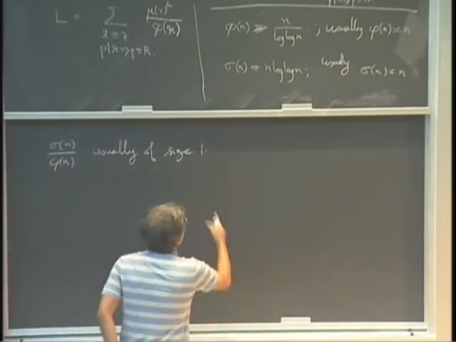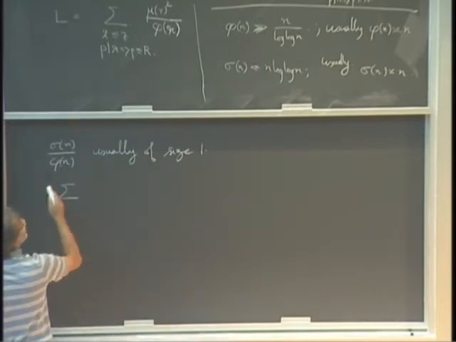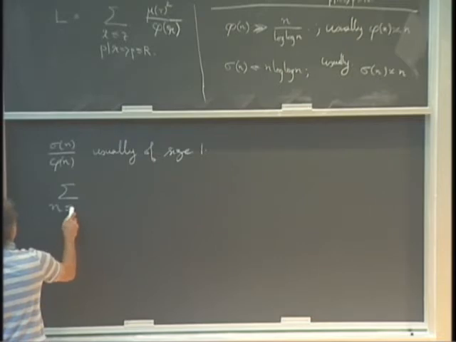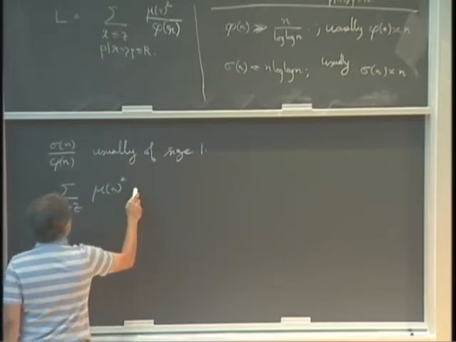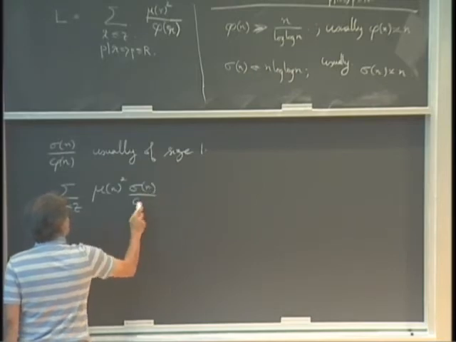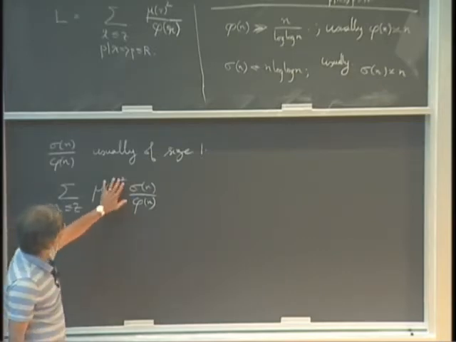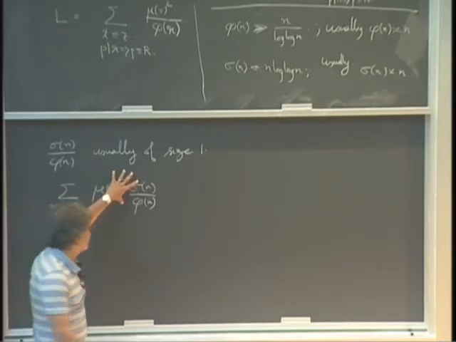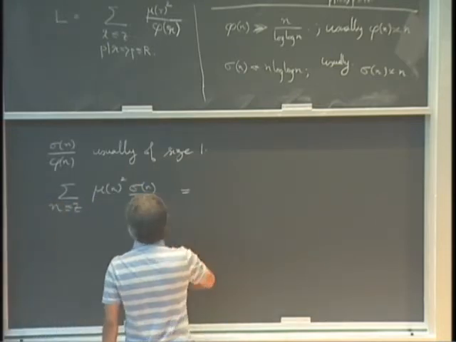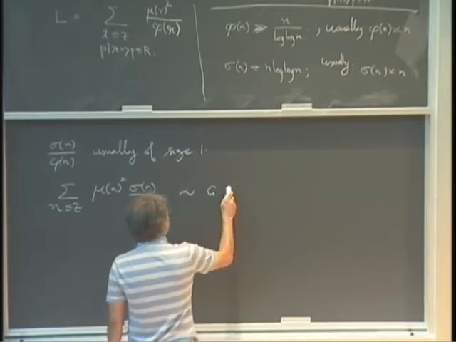So now, using this, you might expect that if I just count the sum over n up to z of some object like mu of n squared, sigma of n over phi of n, which looks like a kind of messy thing to try to evaluate, you can imagine that this is really just counting something like 1 most of the time. So maybe there should be an asymptotic formula for this on the order of some constant c times z.